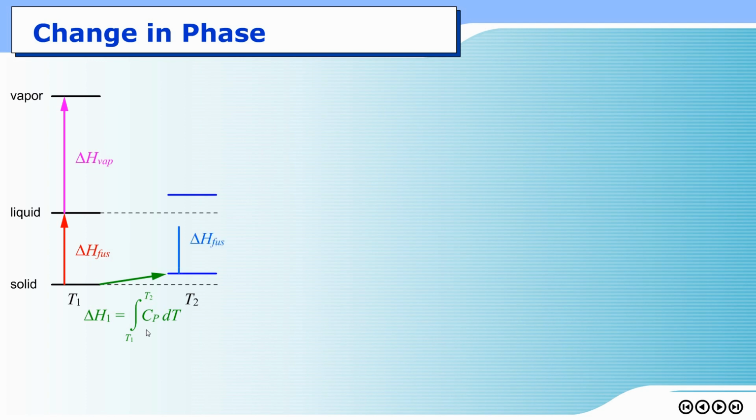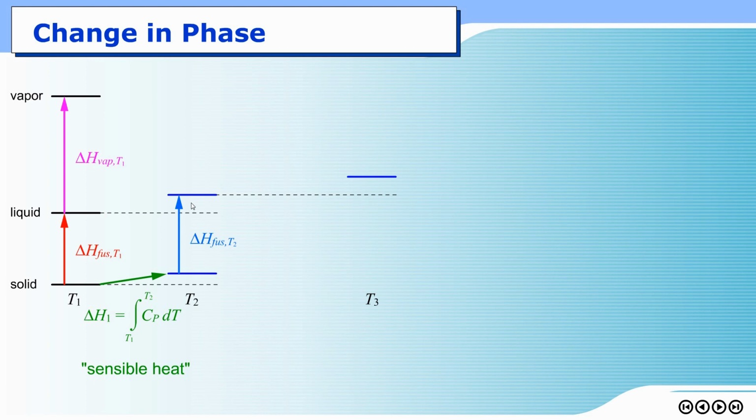Then you can use the heat of fusion to melt ice at 0 degrees Celsius to liquid water at 0 degrees Celsius. These two heats of fusion are not equal. They are at different temperatures. So normally people would put temperature as an indicator in the subscript here: heat of fusion at T1, heat of fusion at T2, and so on. So this is what we call sensible heat for the green one.